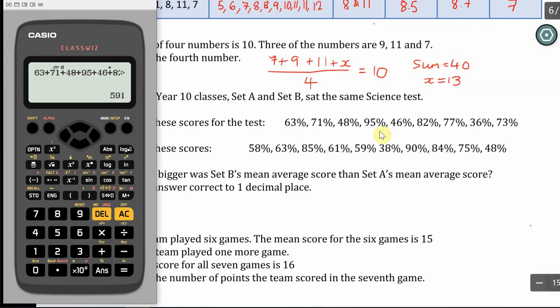Okay, and then divide by how many there are, and there are 9 of them. 65.6 recurring, so watch out for that little recurring dot above the 6. If you press that button again, that will tell you what that number would look like if we wrote a few decimal places, so actually that would round to 65.7 if we were going to round it to one decimal place.